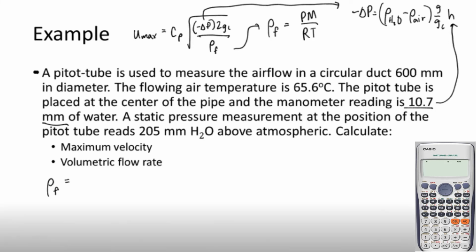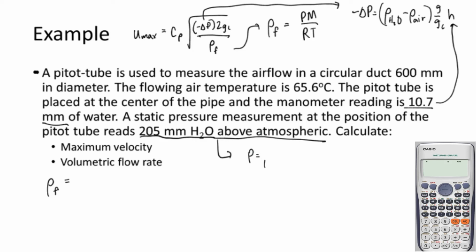For us to convert the 205 millimeters of water above atmospheric, this is where our manometric equation would be useful. That is, pressure is equal to rho g over gc times h. Do not get confused with this equation because the density pertained here is the density of water, because water is our manometric fluid. For that, we can now substitute our given. Let's say that the density of water is 1000 kilograms per cubic meter.